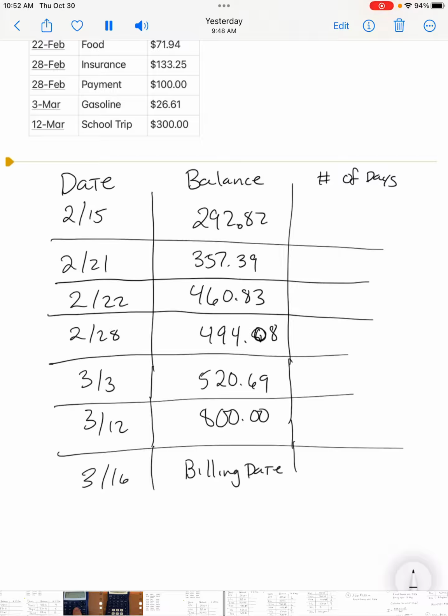So February 15th to the 21st should be 6 days: 15th, 16th, 17th, 18th, 19th, 20th. That's right, 6 days. The 21st, 1 day, because it changes on the 22nd. And it's that way on the 22nd, 23rd, 24th, 25th, 26th, 27th, for 6 days. Then it's the 28th, March 1st, March 2nd.